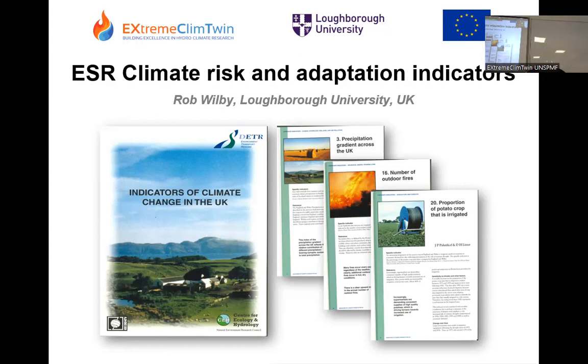So if I just pass that around, just take a quick browse. I think this is what we're striving for. We're seeking to develop a set of indicators that are sensible, scientifically robust, and communicate key risks to diverse audiences.